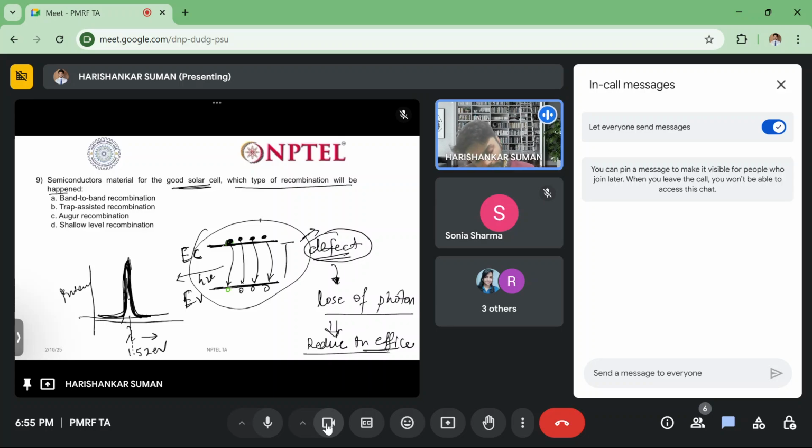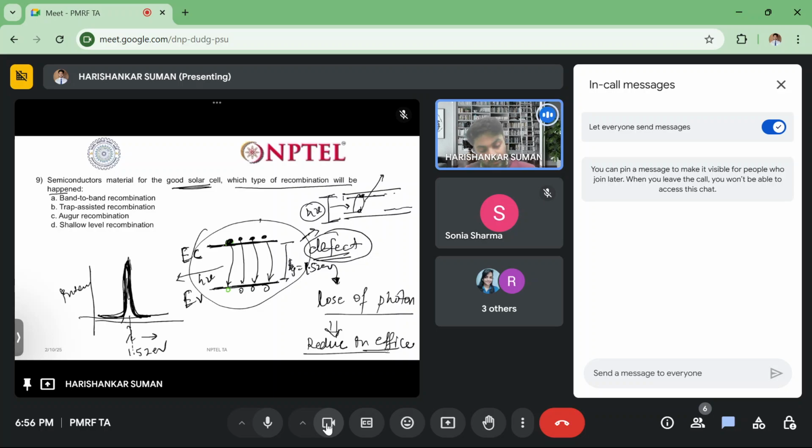If a trap is there, let's say this is a shallow trap, then our photon, or if we recombine in this way, let's say we receive that much energy via photon h nu, but we use only part of it in the process where we generate the electron hole pair.